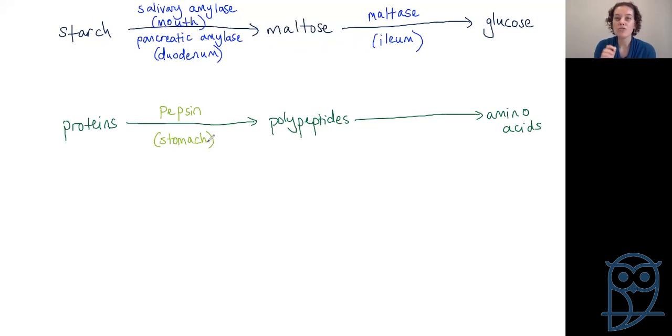So pepsin works at really low pHs because we've got high hydrochloric acid in the stomach. Once we get to our polypeptides, polypeptides leave the stomach into the small intestine, in particular the duodenum. So the next phase happens in the duodenum, and that is catalyzed by trypsin. So proteins to polypeptides by pepsin in the stomach, polypeptides to amino acids by trypsin in the duodenum.